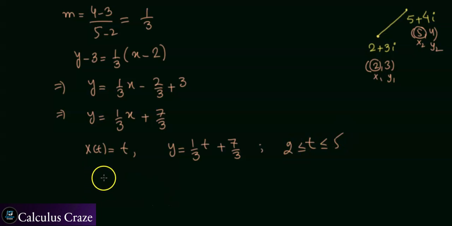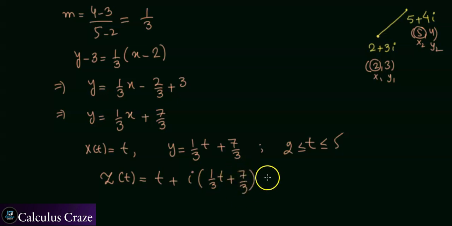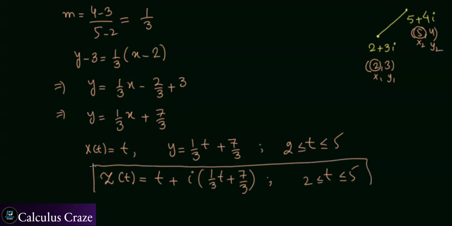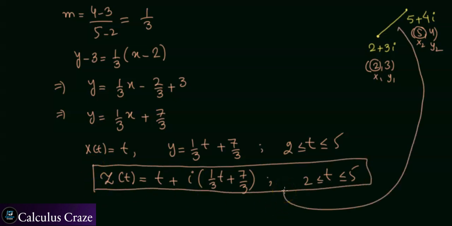I can write this in the complex function form as t plus iota times y, which is 1 over 3 t plus 7 over 3, where t is running between 2 and 5. This is the parameterization of the line segment shown here in the complex plane.